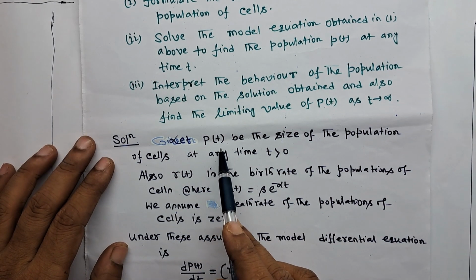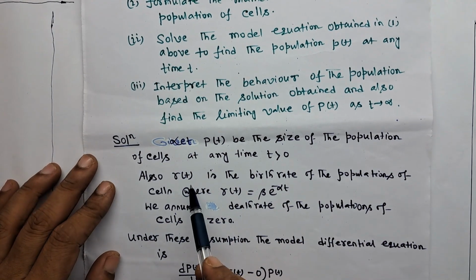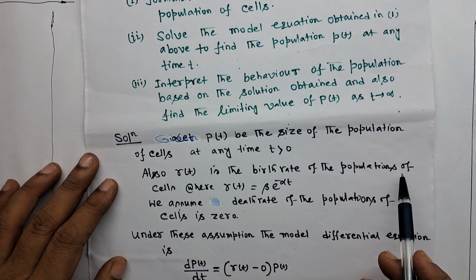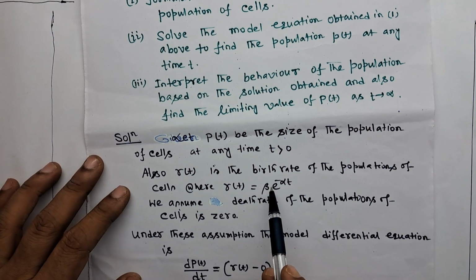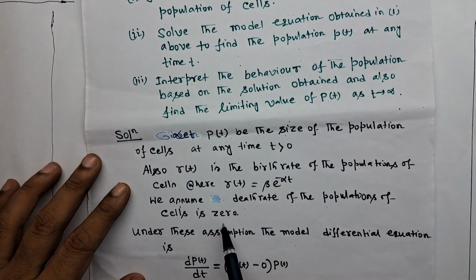Let P(t) be the size of the population at any time t greater than 0. Also, it is given that R(t), the birth rate of the population of cells, equals beta e to the power minus alpha t. We assume the death rate of the population of cells is 0.